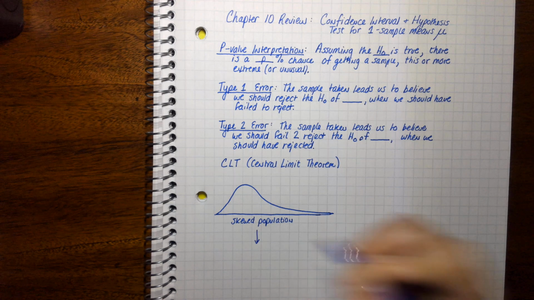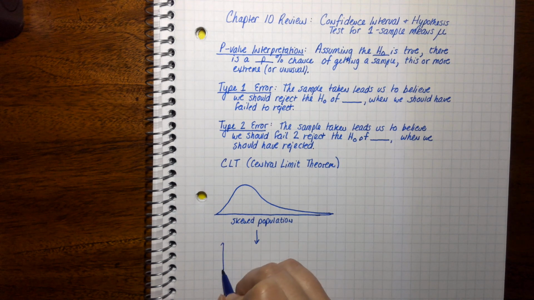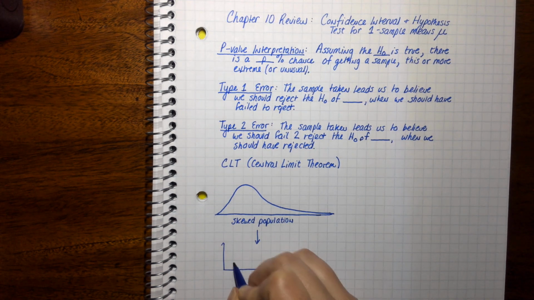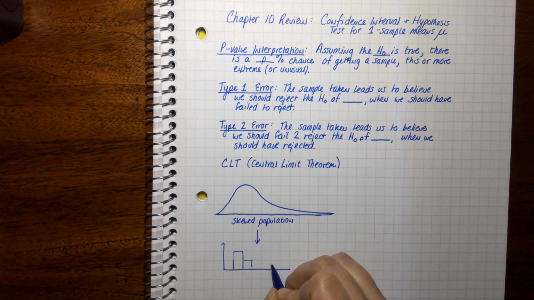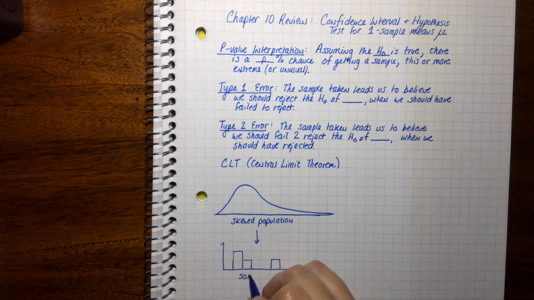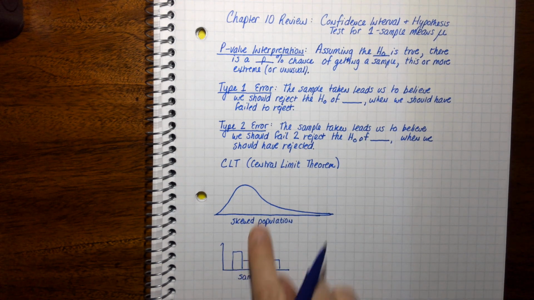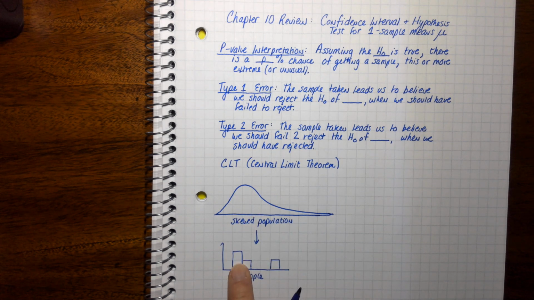Out of this skewed population, we're taking a sample. So we're going to take maybe 2 here, here, here. Let's just say this is our sample. From this population, I grabbed a couple of these.